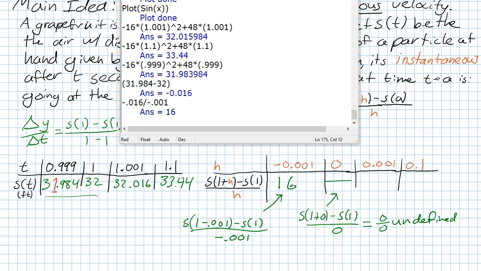And I think the reason this is exactly equal to 16 is that we did some round-off error before when we got this to 0.984. Let's do this a little bit more exactly, because I don't want to say that it's exactly 16, since it's actually just really close to 16.